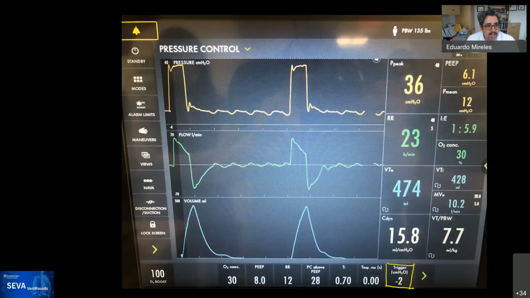And now you have the rate that they had on the ventilator, which was 12. Now you see these breaths, and just compare this breath over here, which is not patient triggered, it's machine triggered. Both are machine triggered. Look at them. Do you see a difference between them?